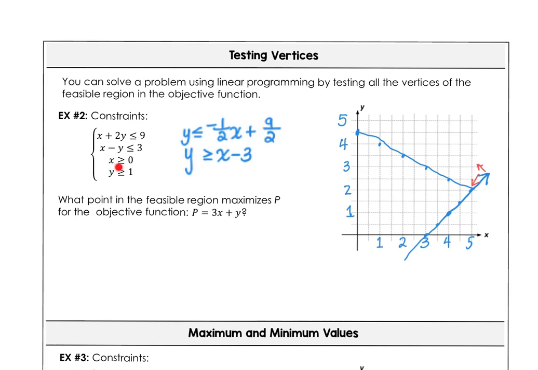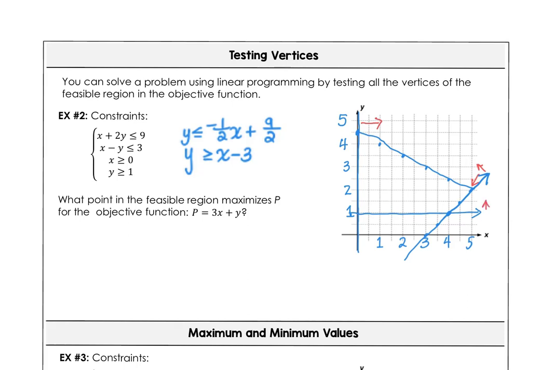In the third equation, x is greater than or equal to 0, which means the y-axis in this case. So we're blocked off by the y-axis because x is greater than or equal to 0, to the right. And then y is greater than or equal to 1 is a horizontal line at 1, and we would shade above.